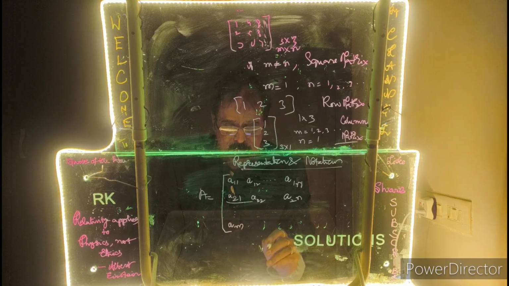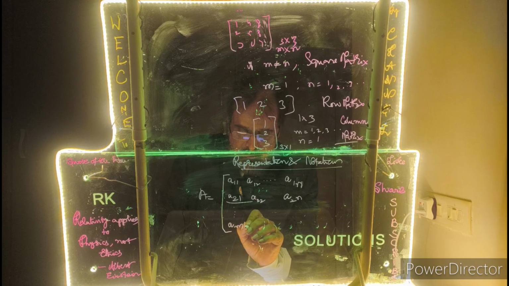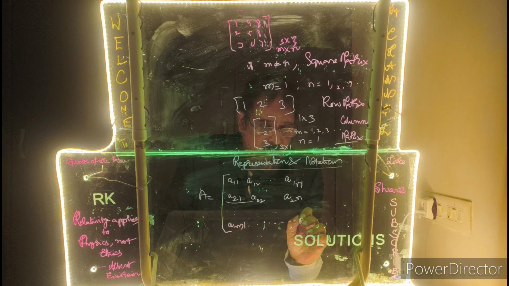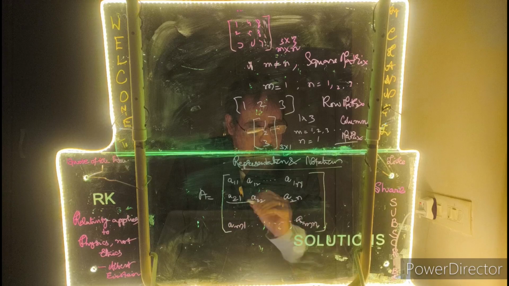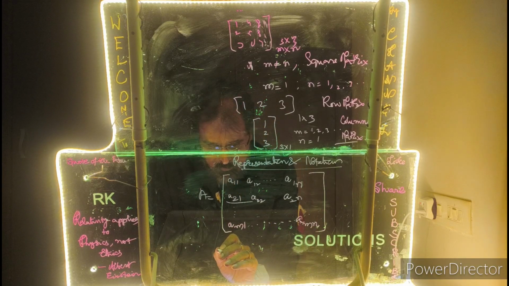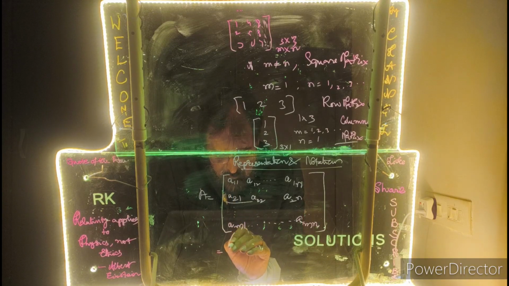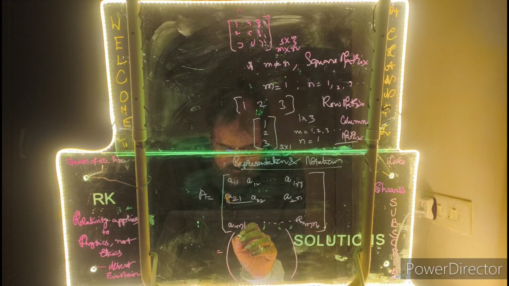Mth row and first column, mth row and nth column. Right? That is how you can represent a matrix. It can as well be included in ordinary brackets.